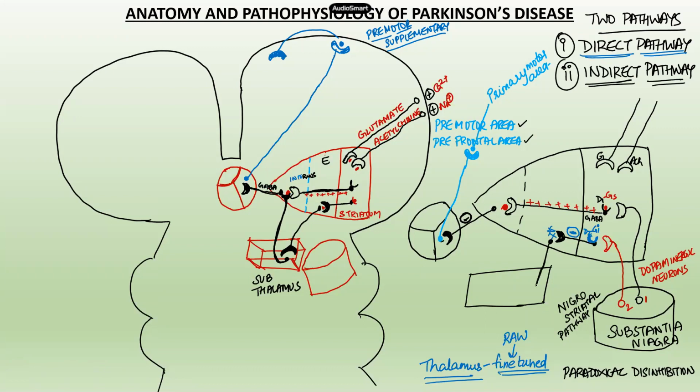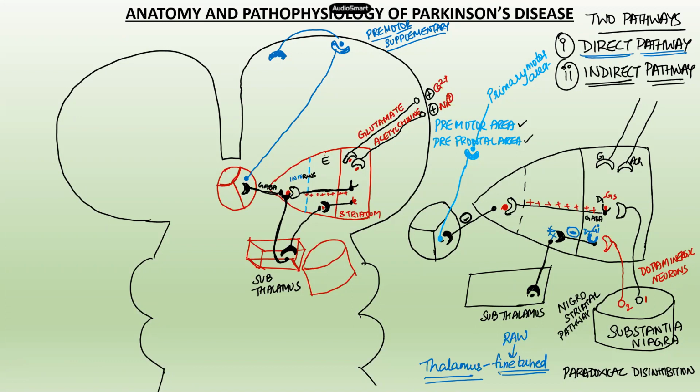Now this neuron is going where? It is going to the subthalamus. Right. Now from the subthalamus, it is releasing GABA, right?